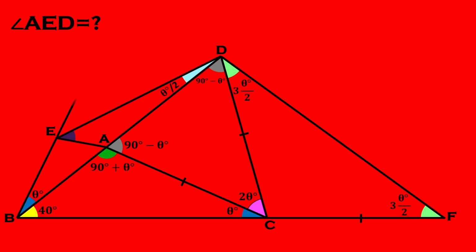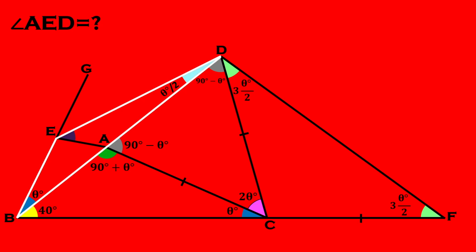Now, from point E, we extend segment EB until a random point G, and we focus on this white triangle. Angle GED is external angle of this triangle, and so it must be equal to the sum of the two remote interior angles.